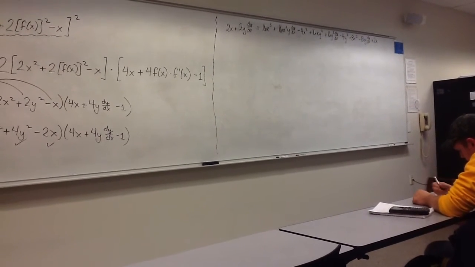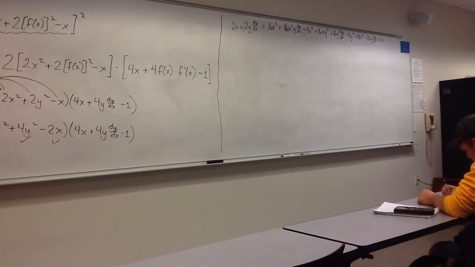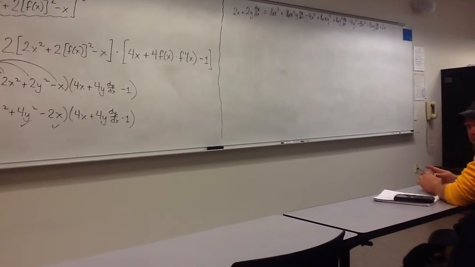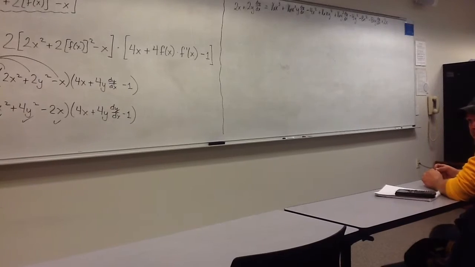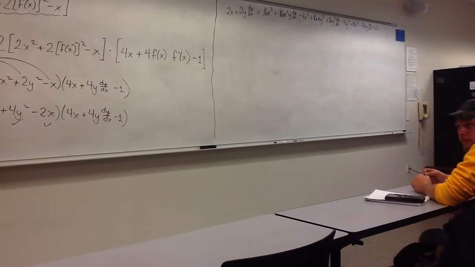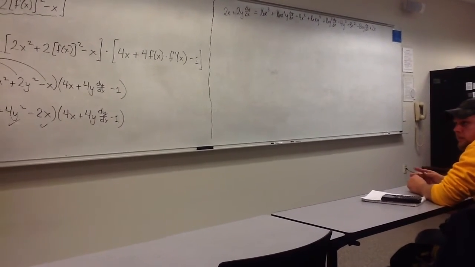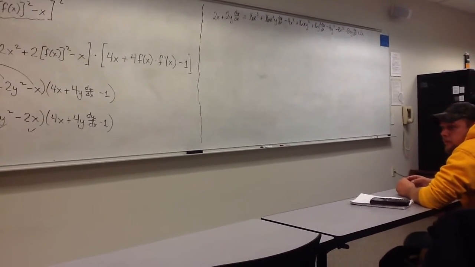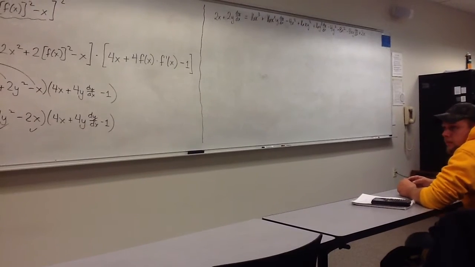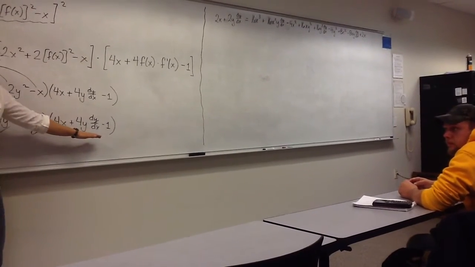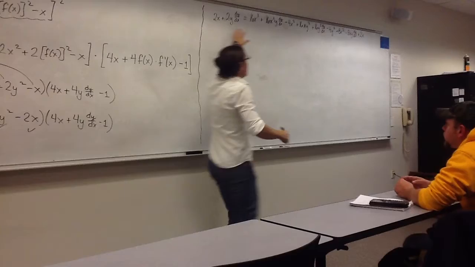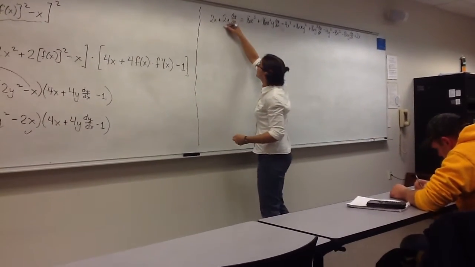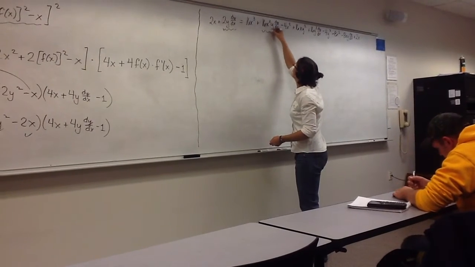Jeff? Not what we've done, but do we need to do that? Good question. Do we need to do it? What are your thoughts on that? Yes. No. Go ahead. All right. Well, that's a good question. Do we need to do this? If our goal is to come up with an expression for dy over dx in terms of x and y, then yes, we do need to do this, because once we have everything multiplied out, we can collect all of the terms that have a dy dx.